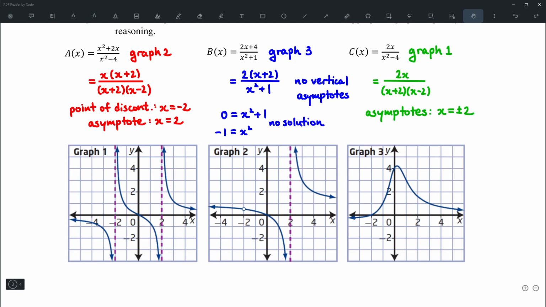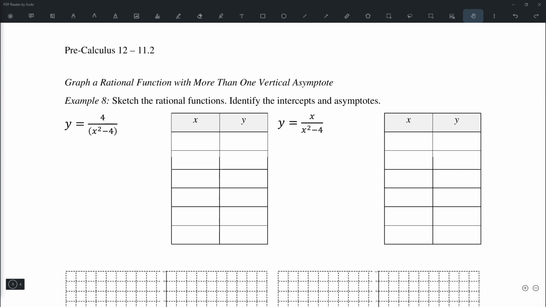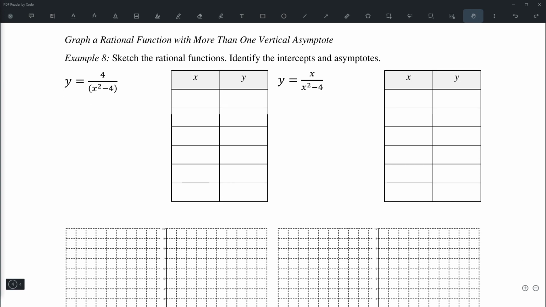And that's it. So in the next example, we are going to consider more functions with more than one vertical asymptote. We can see that the first function, y is equal to 4 over x squared minus 4, the denominator can be factored.